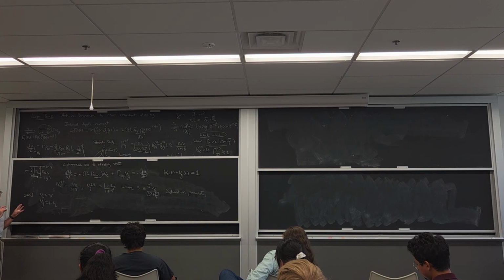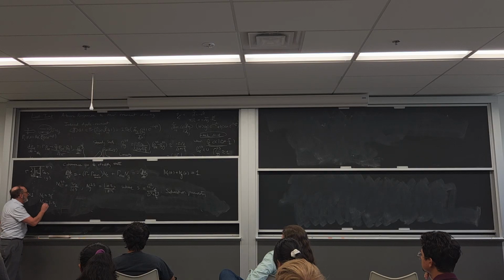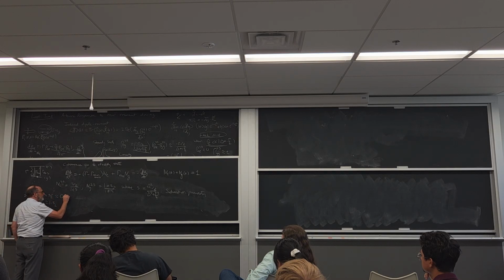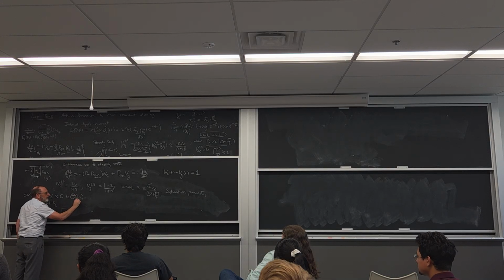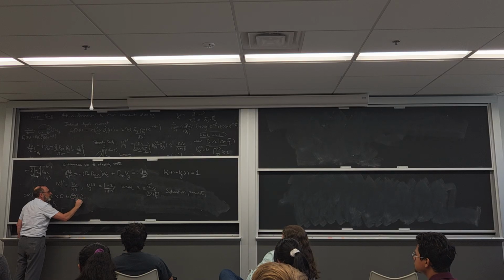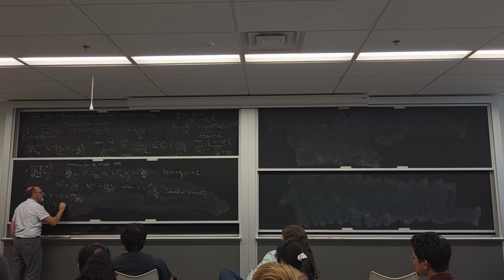S is proportional to omega squared. So to lowest order, to first order in omega, this is approximately 0 to order omega over delta, and this is 1, which was the weak driving condition that I had.